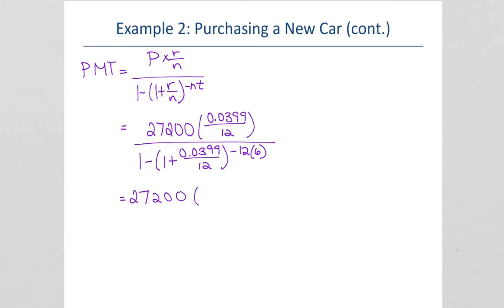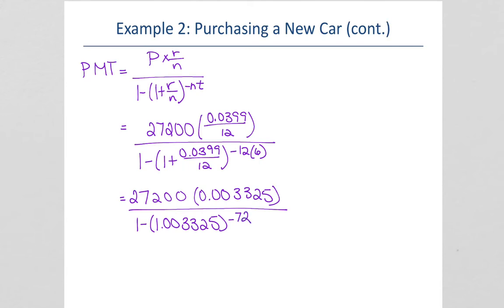.0399 divided by 12 is this number, and that plus 1 is this number. Negative 12 times 6 is negative 72.